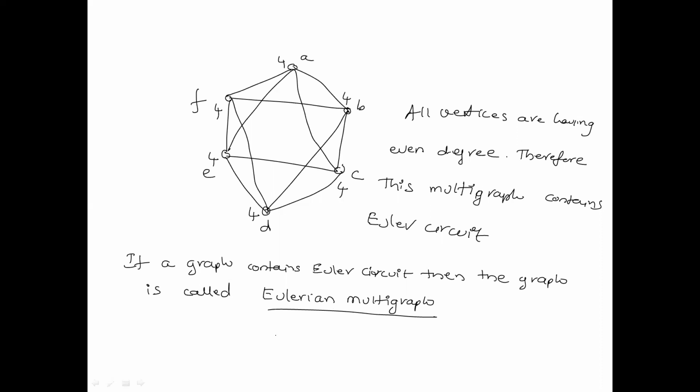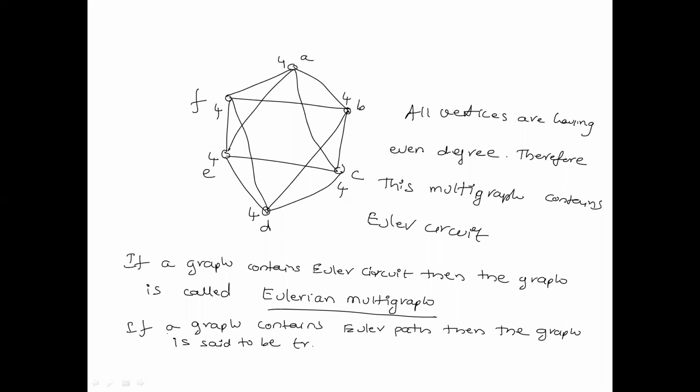Suppose if a graph contains a Euler path, let's say Euler circuit is not there, but Euler path is there, then the graph is said to be traversable.